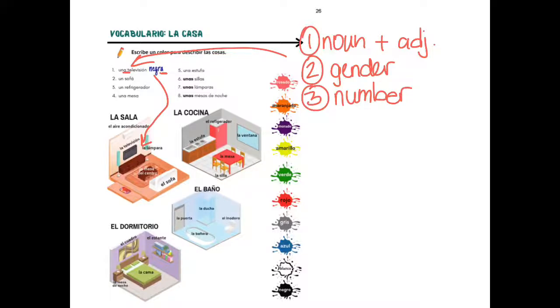There's 3 things that you have to think about. So I'd like for you to go through number 2 through number 8, adding the colors behind it, and making sure that if your color ends in O, that you're putting the A version if it's something feminine, and that if it's plural, you're adding an S.